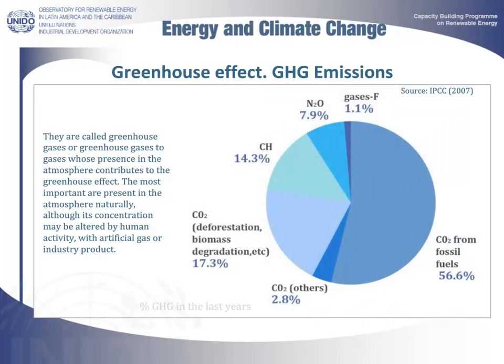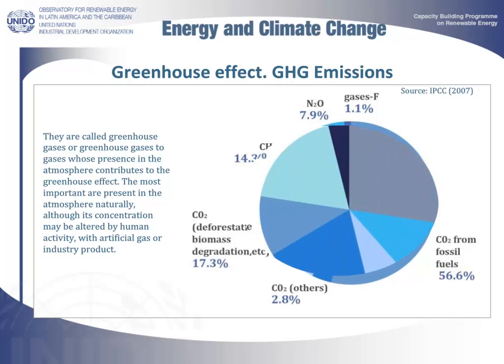Chart B. This shows the values of the different gases produced by human activities, where the generation of CO2 due to the burning of fossil fuels is clearly important, followed by the production of CO2 due to deforestation. The sum of both reveals the major role of CO2 in the processes of climate change.